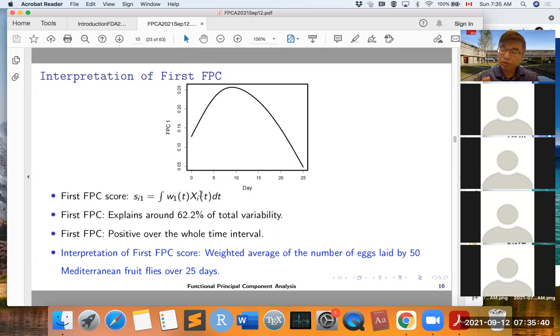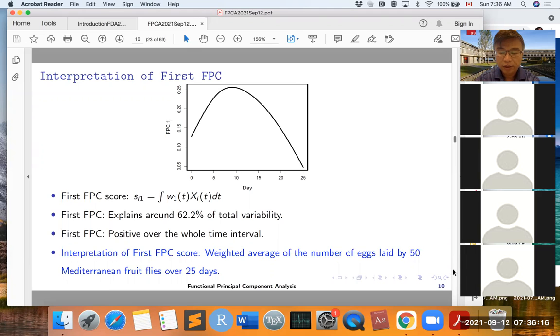But Xiaoyang reminded me that this integral of xit can also be viewed as the area under the curve xit, right? So we can interpret the first LPC scores as the weighted average of the curve, and also as the area under the curve. Yes, it is possible.